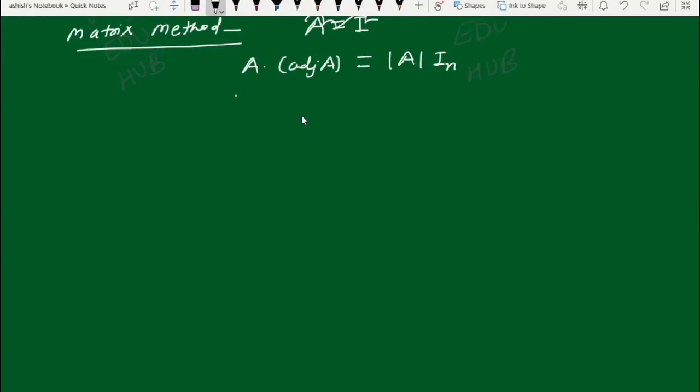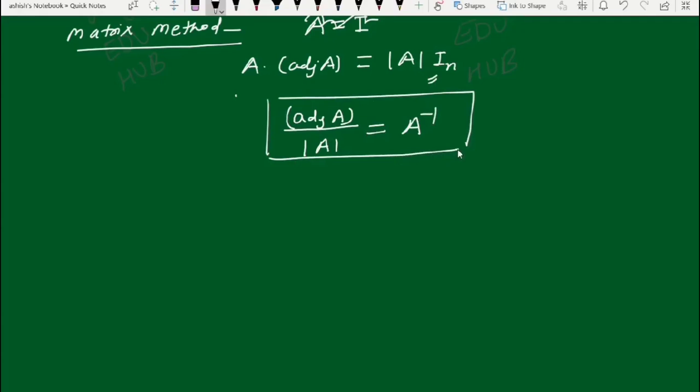Now adjoint A by mod A equals I by A, that is A inverse. That is, A inverse can be obtained after finding the value of the determinant of that matrix and the adjoint of that matrix.